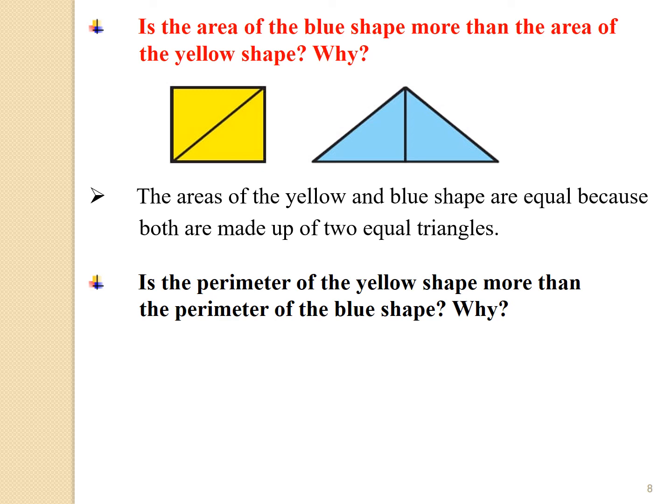Is the perimeter of the yellow shape more than the perimeter of the blue shape? Why? No, the perimeter of the yellow shape is less than the perimeter of the blue shape. With the help of a ruler, we can find that the length of the boundary of the blue shape is more than the length of the boundary of the yellow shape.